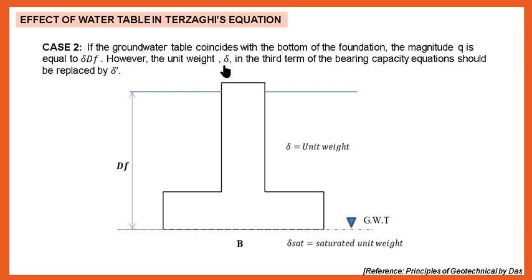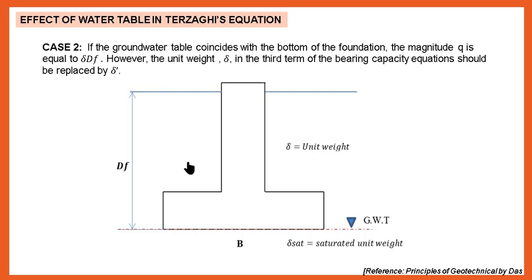That is still our Q. However, the unit weight in the third term is replaced with gamma prime, which is the saturated unit weight minus the unit weight of water. So we still replace the third term, while Q is still gamma times dF when the water table coincides with the bottom of the foundation. Okay? We are still on the general shear equation here.